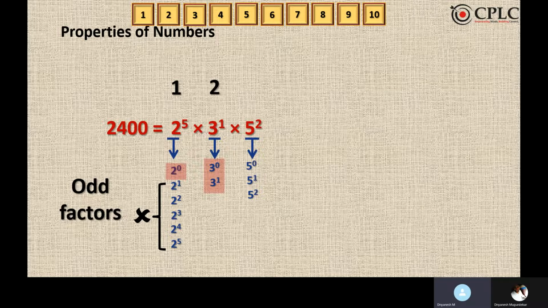And 5 raised to 0, 5 raised to 1, 5 raised to 2, three possibilities. So that gives you the answer as 1 into 2 into 3, which is 6 odd factors. So 2400 basically has 36 total factors, out of which 30 are even factors and 6 are odd factors. This is how you can differentiate.